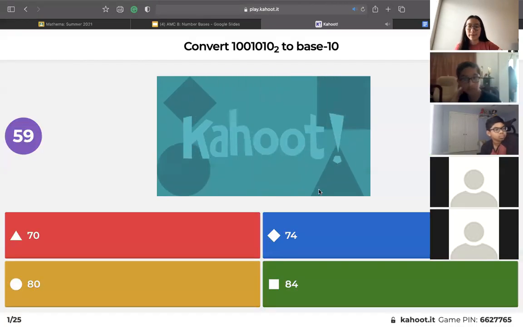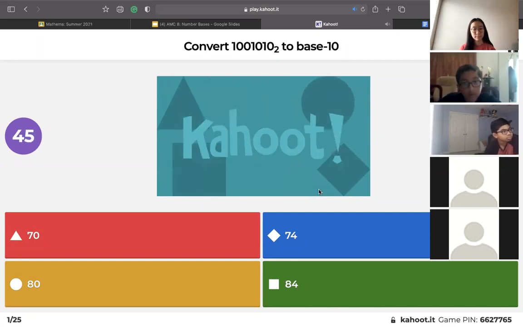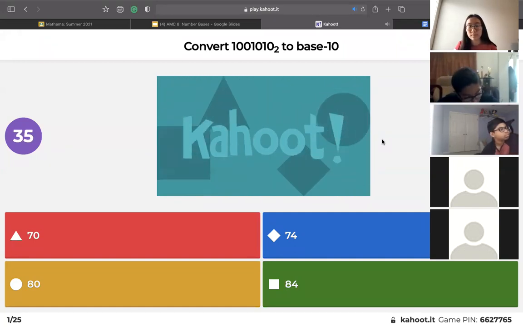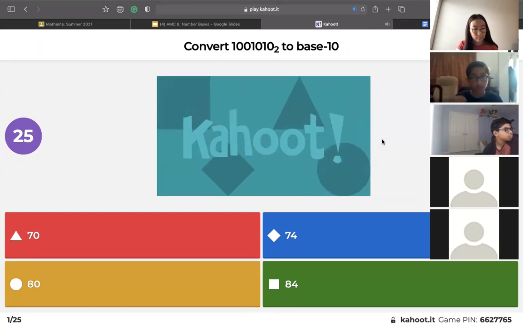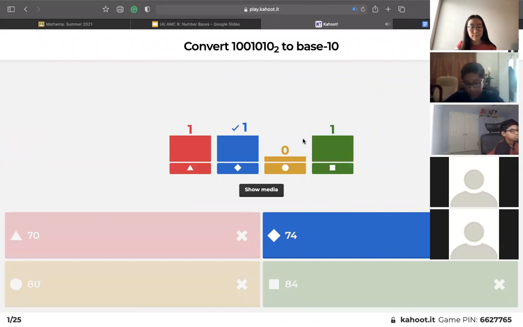Convert that binary number into base 10. Okay, the correct answer here is 74.